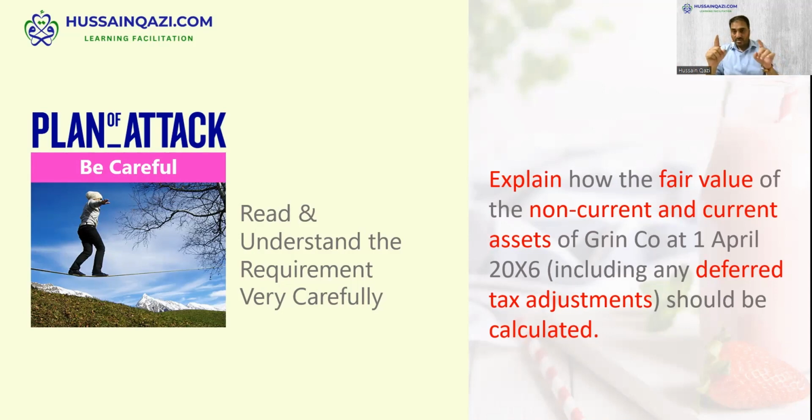Number 1, for acquisition accounting, the first calculation is goodwill. For goodwill, the cost of investment, that's called consideration, from parent to subsidiary, should be at fair value at the date of acquisition. We have already done that in the previous video.